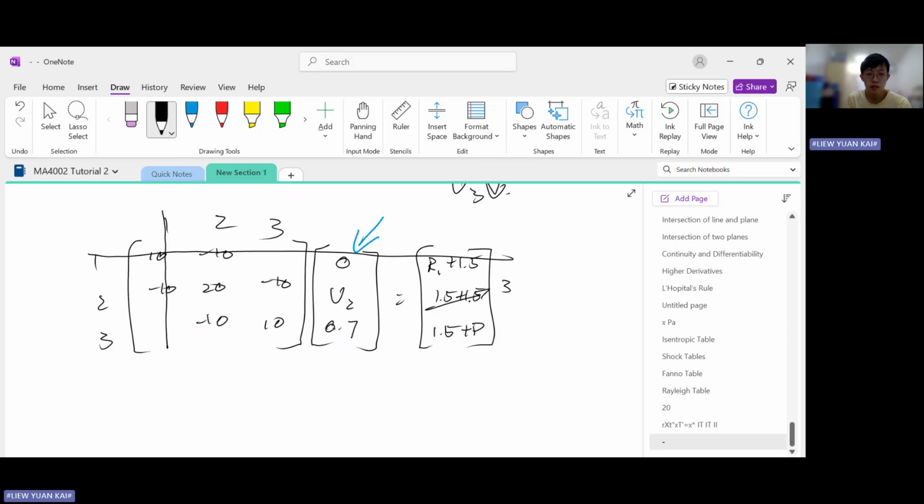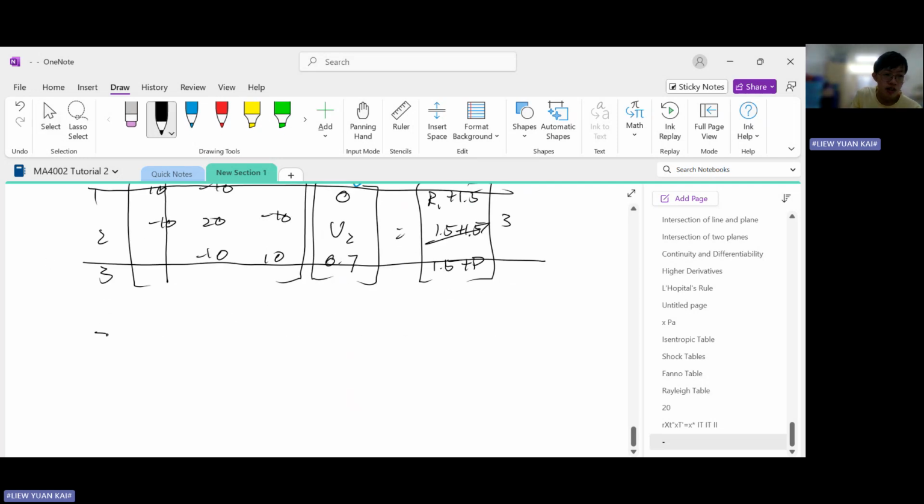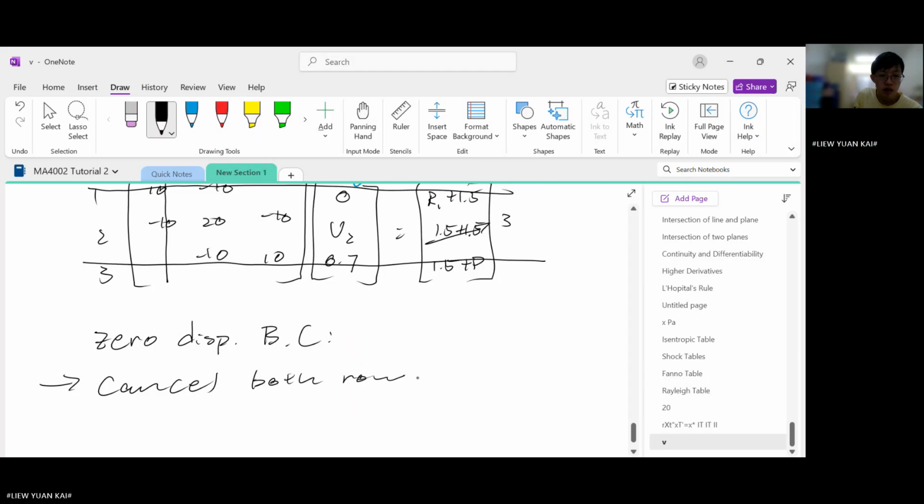Okay. So for a non-zero displacement boundary condition, you only cancel the row. You do not cancel the column. So let me write that down. For zero displacement boundary condition, cancel both row and column.